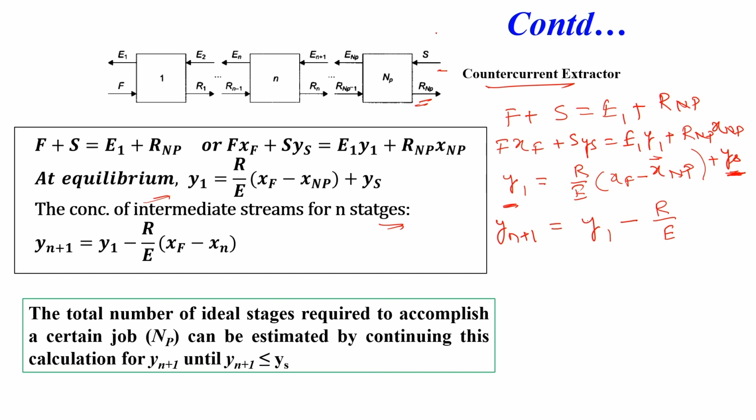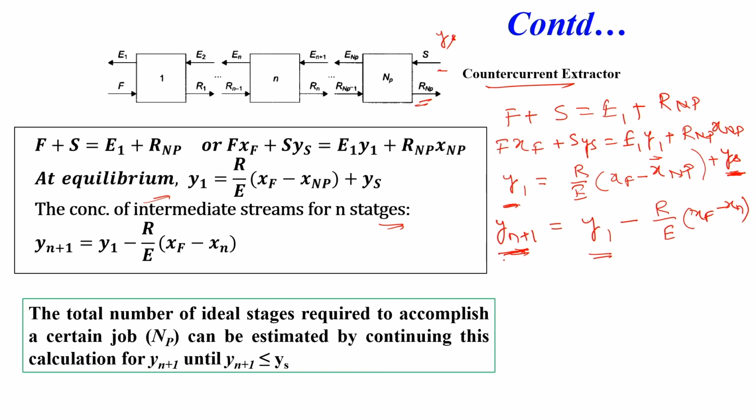So, we can write Yn plus 1 equals Y1 minus R upon E times XF minus Xn. In this way you should be able to calculate the Yn for n number of stages. Now, how will we decide how many stages there will be?